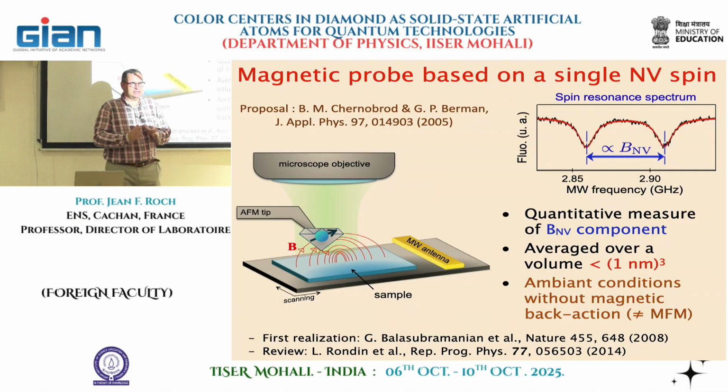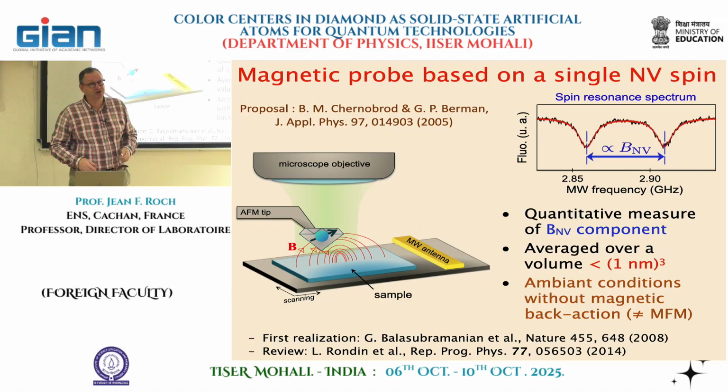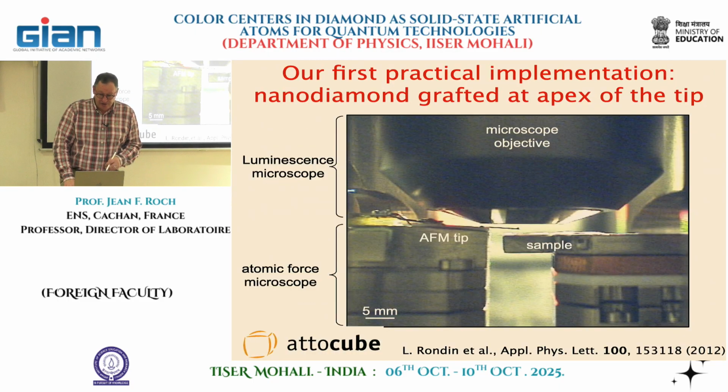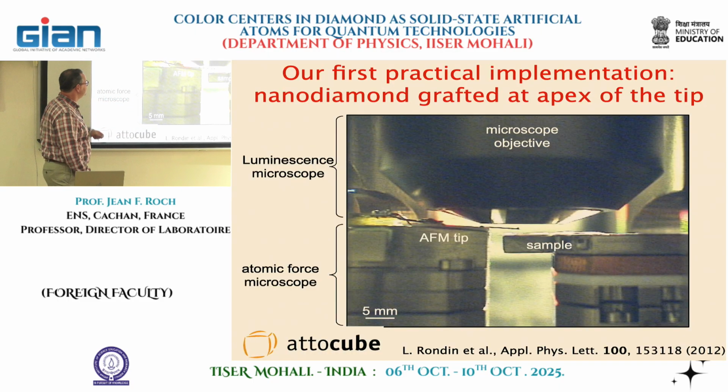Here we have a tip that is non-magnetic, no back action on the system. And this is described in length in this review paper. This is the system that was built in the team, in the thesis of Loïc Rondin.